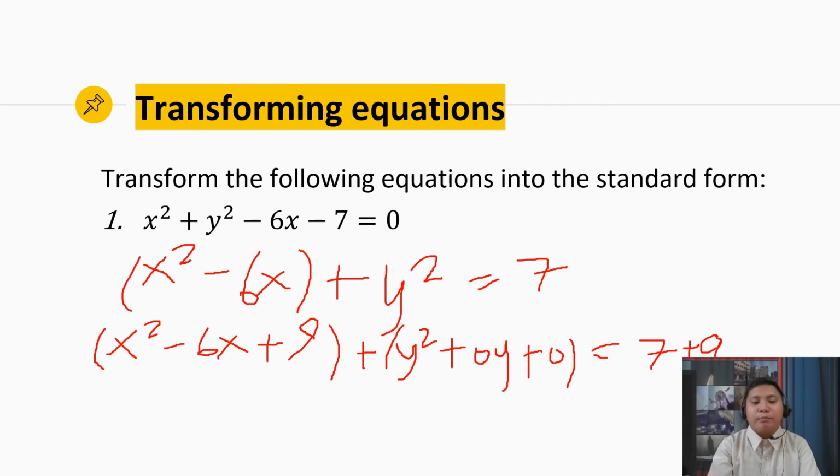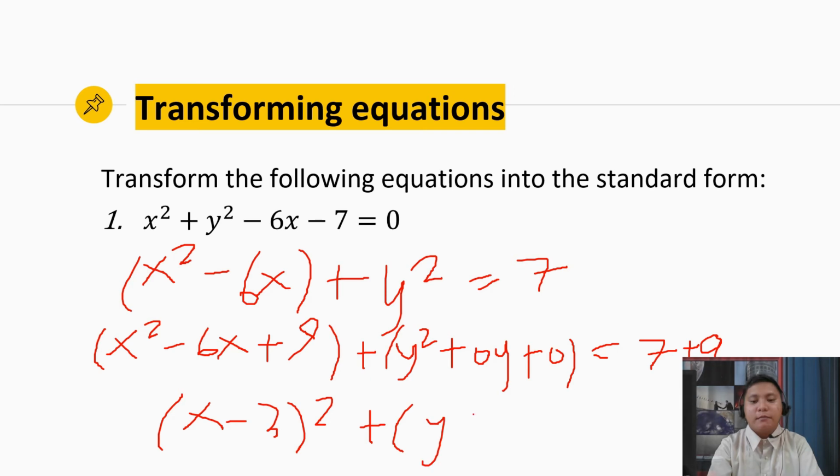So, what is the perfect square trinomial for x squared minus 6x plus 9? Okay, very good. x minus 3 squared. For our y, that is y plus 0 squared is equal to 16.